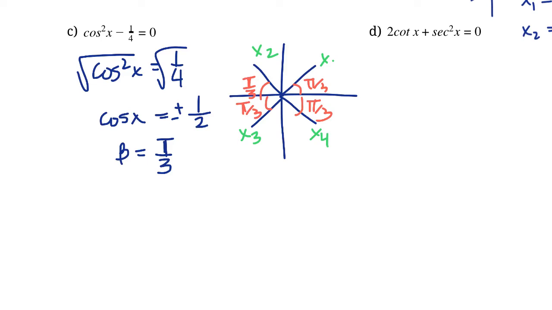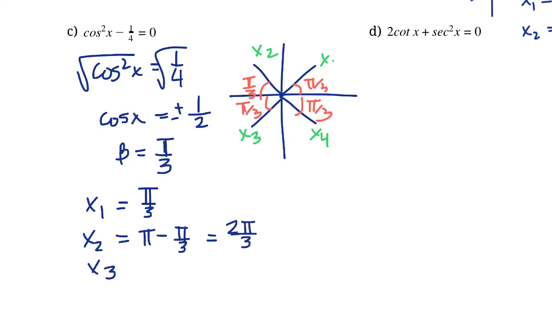So x1, just by looking at it, is just going to be pi by 3, right? x2, it's like you've gone around half of the circle, so pi minus pi by 3, which brings us to 2 pi by 3. x3 is like you went around pi plus pi by 3, which gives us 4 pi by 3.